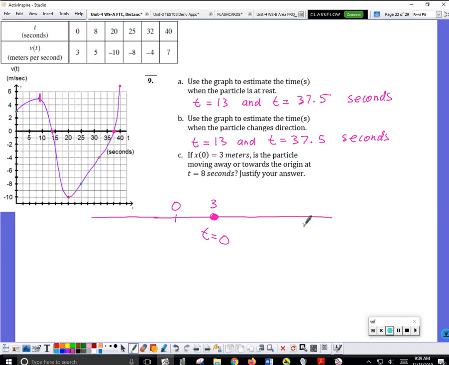Would going to the left be wherever it's negative on the x-axis or on the y-axis? It's perfect. During this time period, the particle is moving this direction to the left.